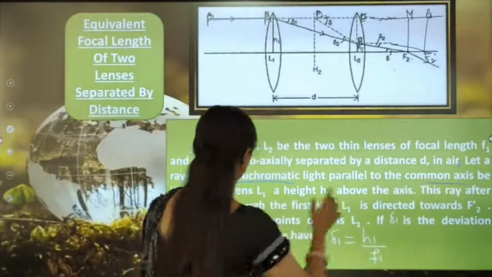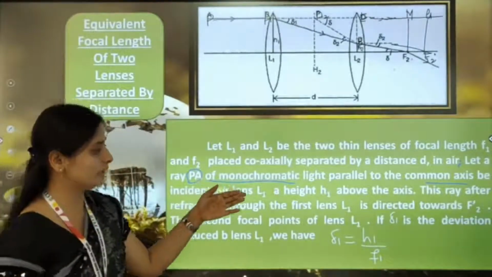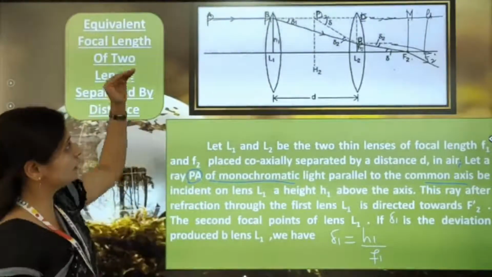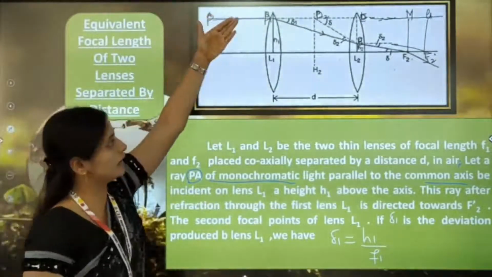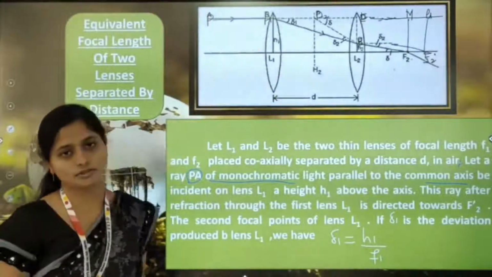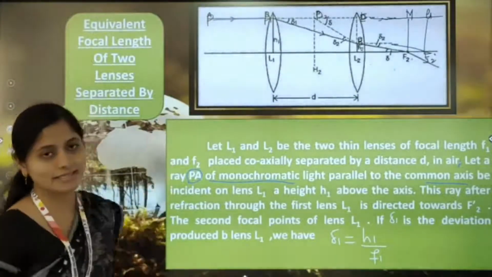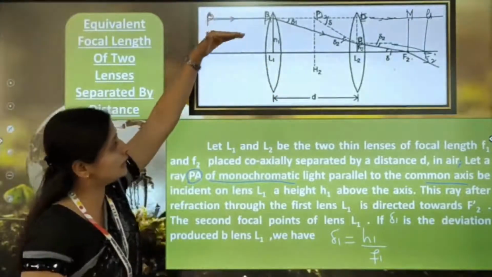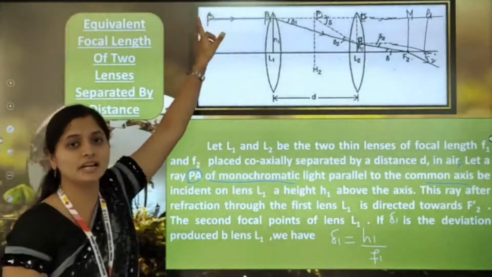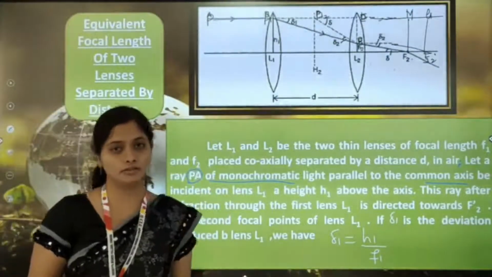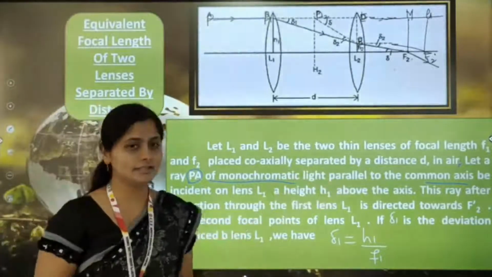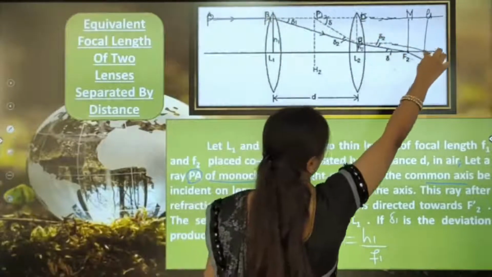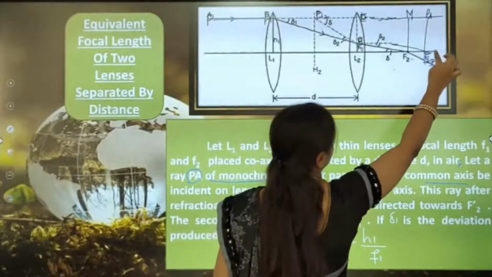It is incident on the lens L1 at a height H1, measured from the ray to the principal axis, and it is directed towards the point F2 dash.